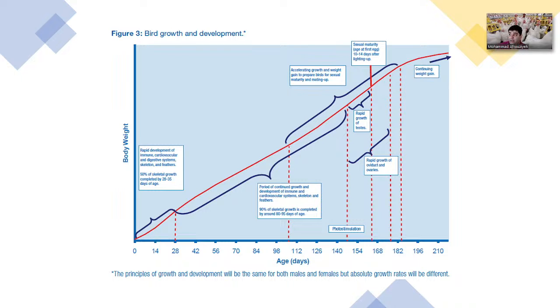So that's why it's really crucial to understand the growth curve and take action on time. I will talk about what I mean by taking action in the next slide.